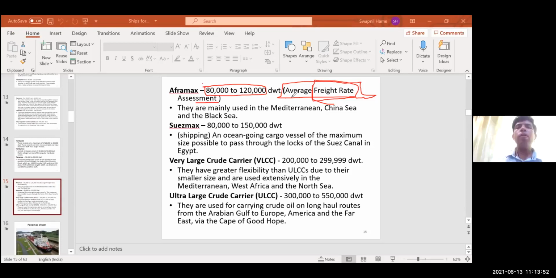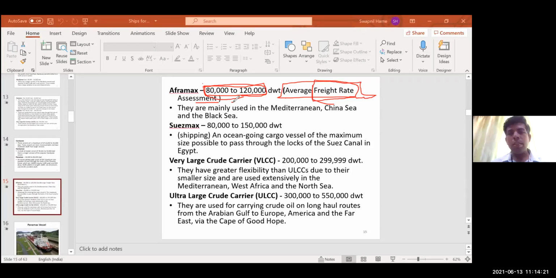First, you understand what is Aframax. There is something called average freight rate assessment, which is done in the market by the big traders for this particular size of vessel. 80,000 to 1,20,000, and such types of tankers are called Aframax tankers. As far as average freight rate assessment is concerned, I will separately talk on this topic.